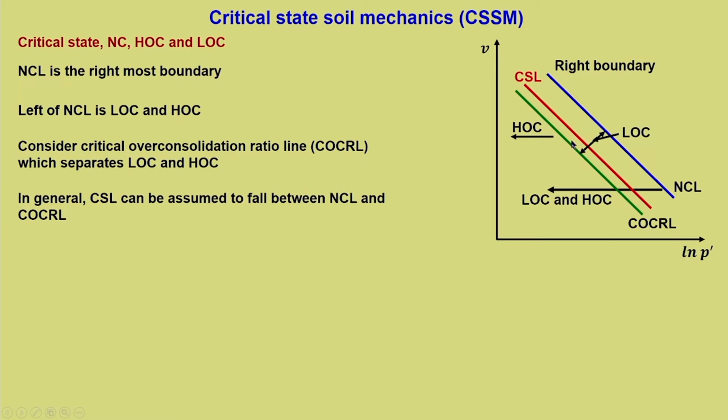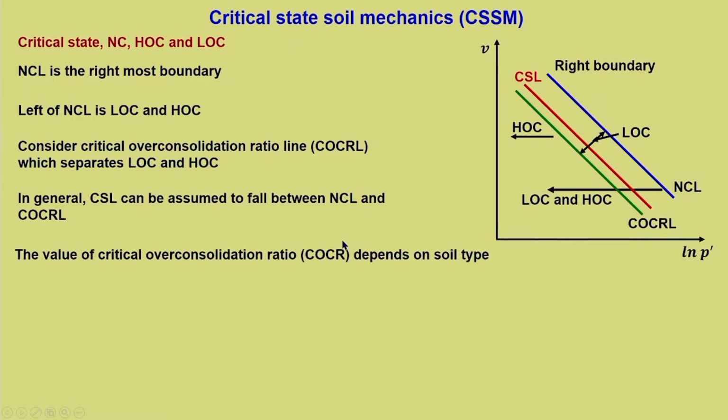So, this portion is lightly over consolidated, and towards this side also lightly over consolidated. Now, whether a lightly over consolidated soil will exhibit a peak or not depends on the specific type of soil, but definitely to the left of COCRL it is going to exhibit heavily over consolidated behavior.